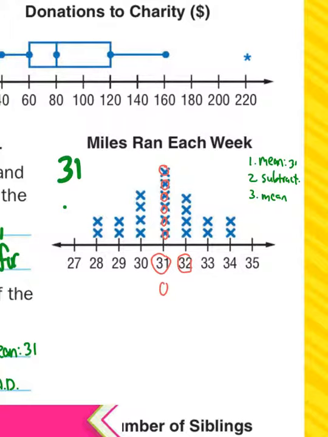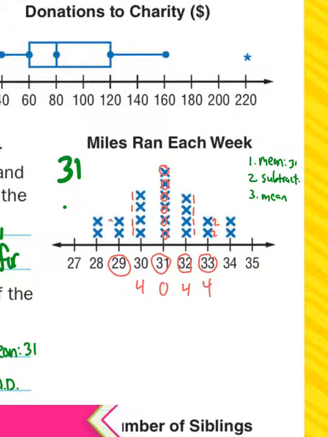So each one of these x's is 1, 1, 1, 1. They add up to 4. And the left will be the same. 1, 1, 1, 1. They add up to 4. And then I go to the 33 and the 29. Now remember, 33 minus 31 is 2, so each one of these x's is 2, and 2 plus 2 is 4.